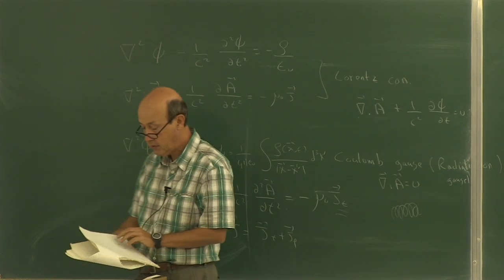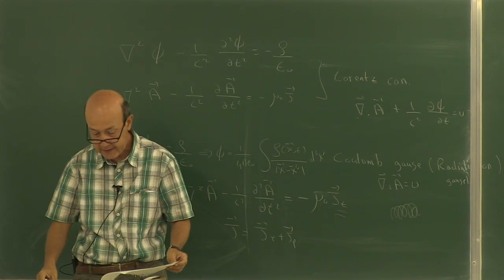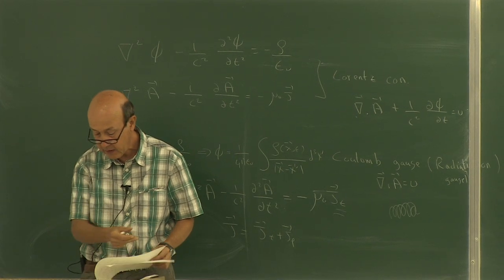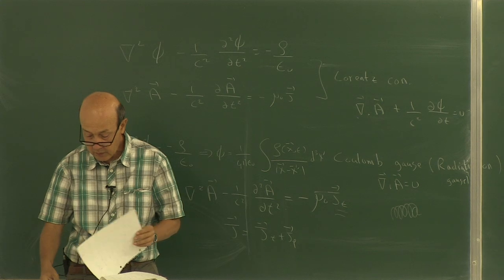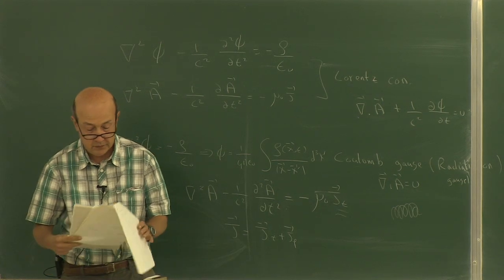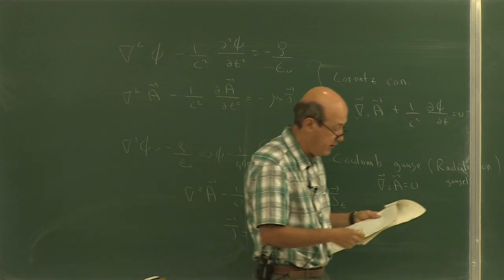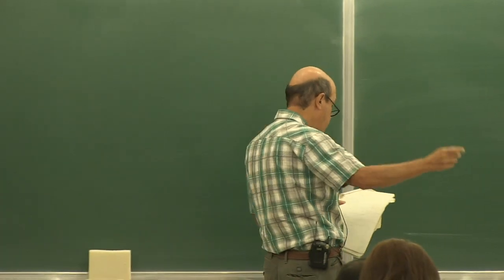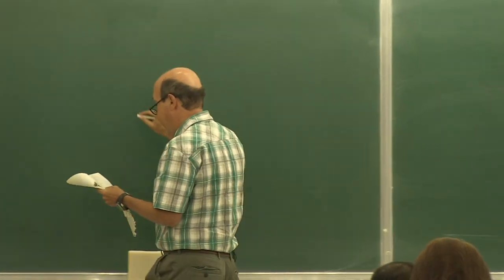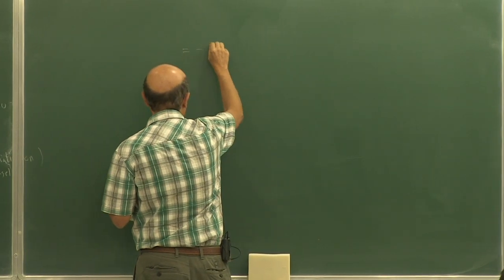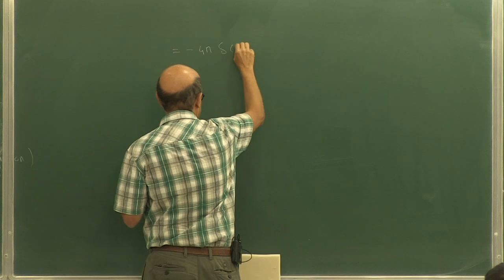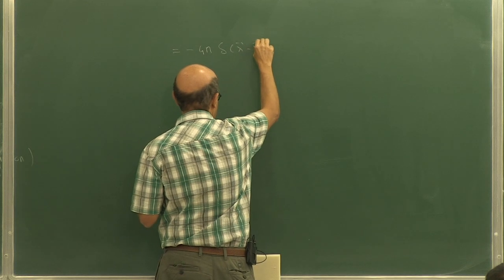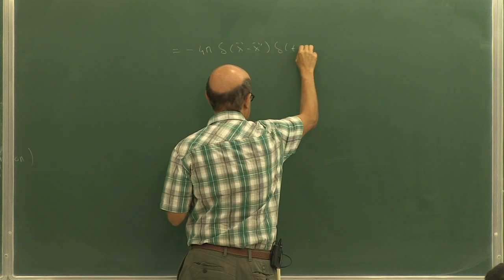The solution requires a calculation of the Green's function. So what we do, we write the scalar non-homogeneous wave equation. For the source, we put a delta function, delta of x minus x prime, delta of t minus t prime.